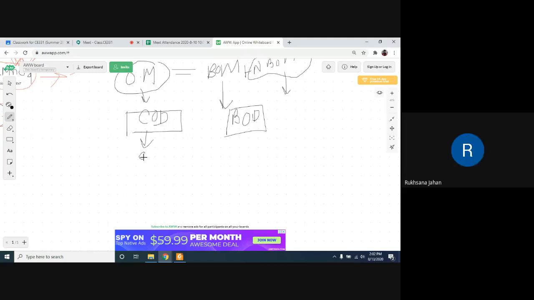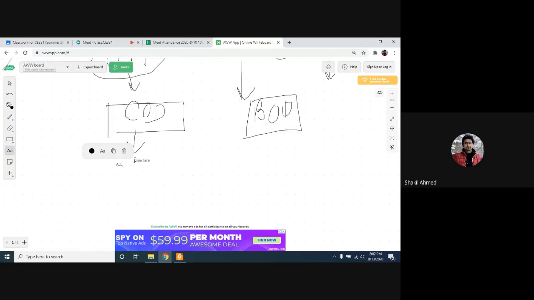COD represents all types of organic matter, and BOD represents only biodegradable organic matter.